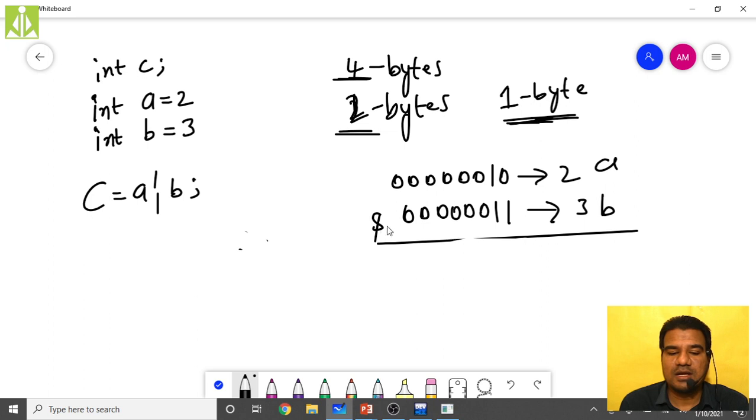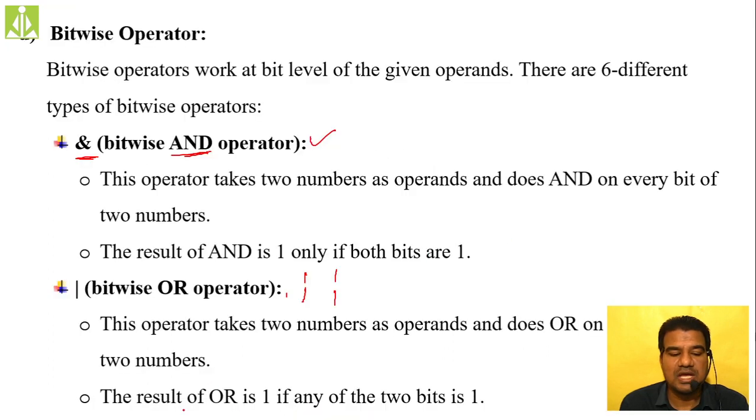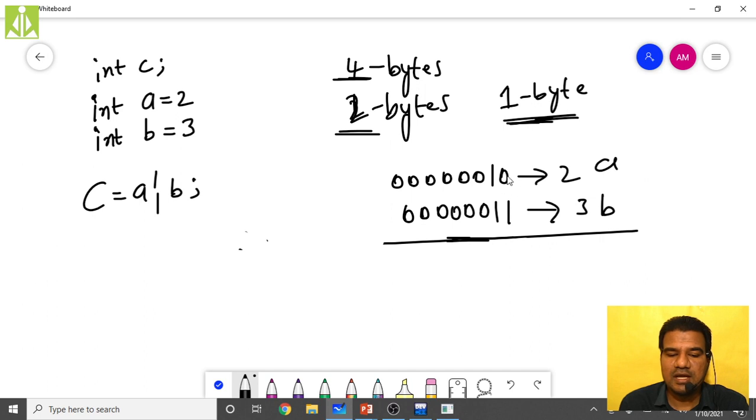Apply the logic as per the last instruction. The result of OR is 1 if any of the two bits is 1. Here, 0 and 1, I have a 1, so I will get the result as 1.